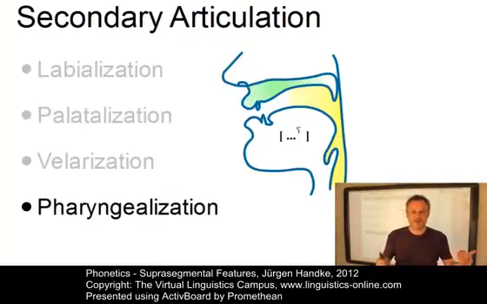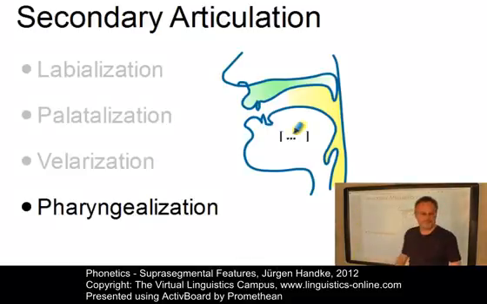So it's a narrowing in the back of the mouth. Pharyngealized segments are indicated by a pharyngeal superscript here or subscript. Pharyngealized consonants can be heard in Arabic.